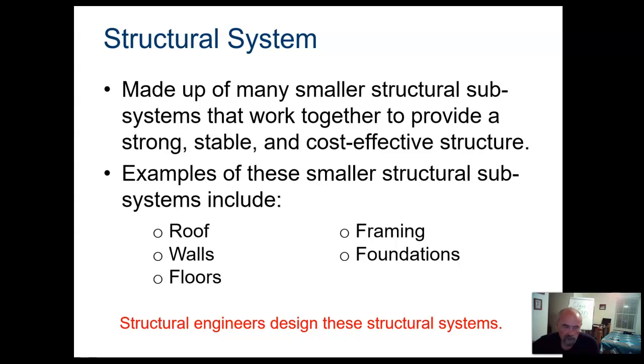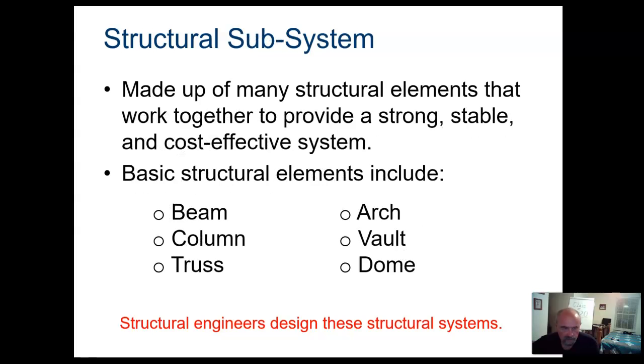The structural system is made up of many smaller structural subsystems that work together to provide a strong, stable, and cost-effective structure. Examples of these smaller subsystems include the roof, the walls, the floors, the framing, the foundations. Of course, the foundations would be under the ground. Structural engineers design these structural systems.